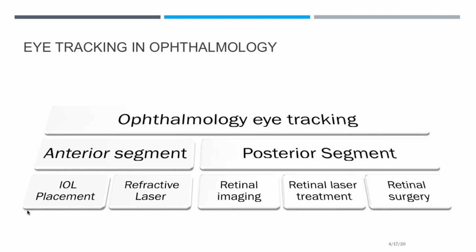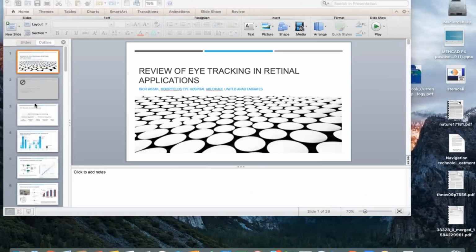In the anterior segment, the majority of applications are focused on refractive lasers and corrective surgeries, where navigation has been revolutionary. Similarly, in placement of intraocular lenses during cataract surgery, navigation has enabled surgeons to perform much more accurate surgeries.